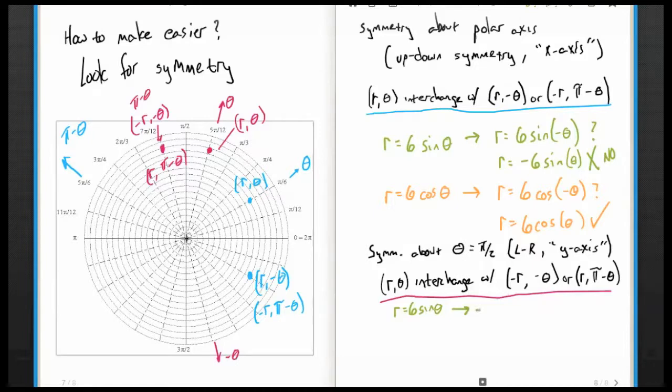So negative r equals 6 times the sine of negative theta, and that gives me negative r equals, remember sine is odd, so the sine of the negative angle is the negative sine, so negative 6 times the sine of theta.